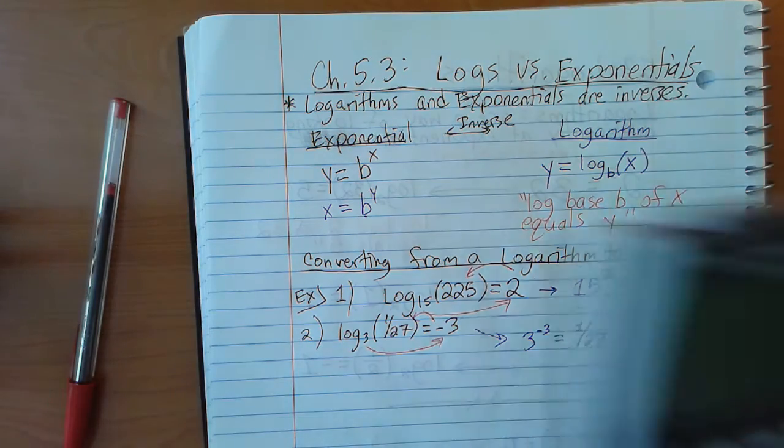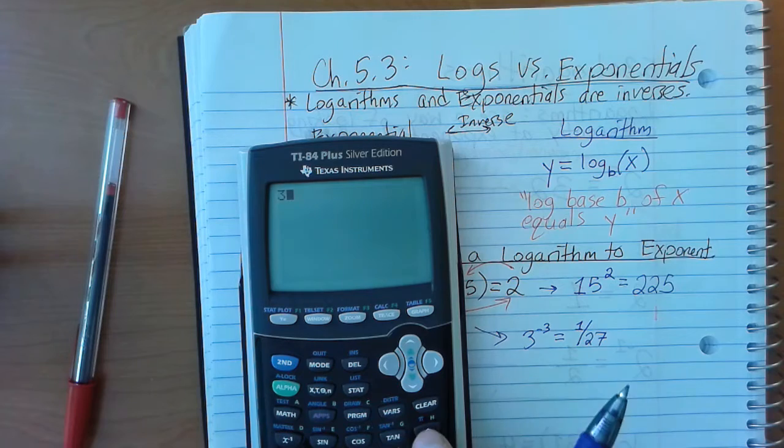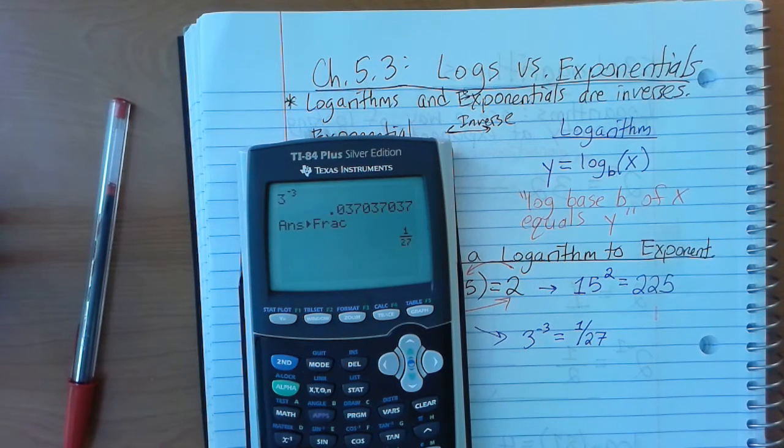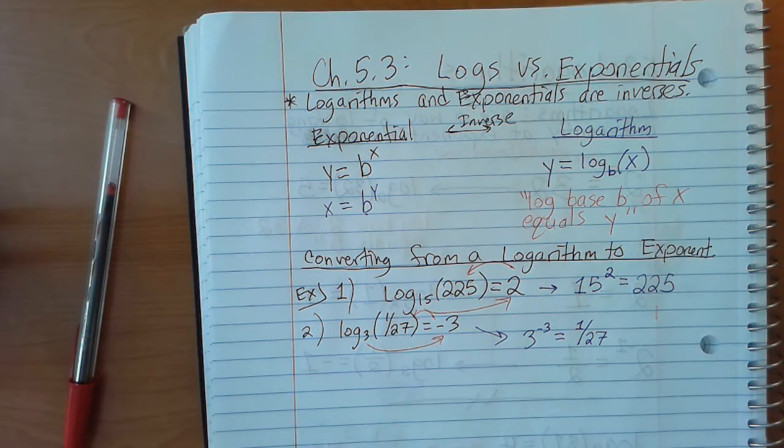And we could even check that in our calculator to see if that's actually true, if we set it up correctly. 3 to the power of negative 3 equals that. Let's change it to a fraction. And we can tell that that's correct. So what we just did was an accurate thing to do.